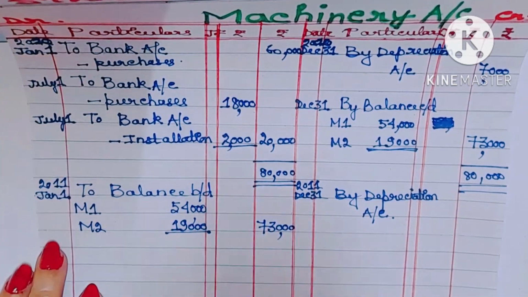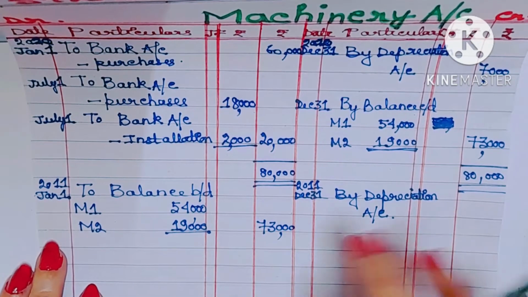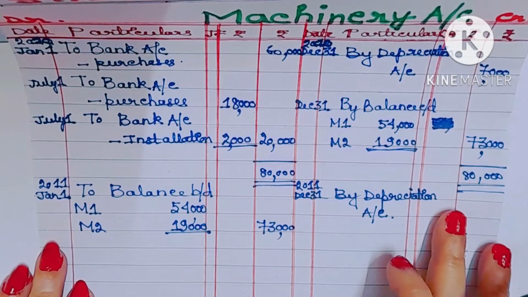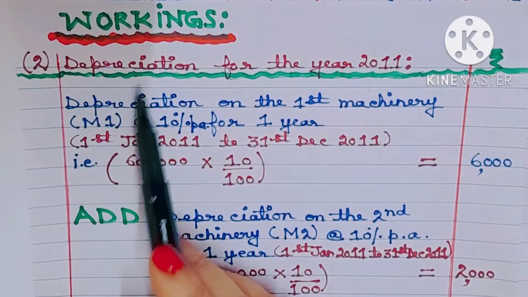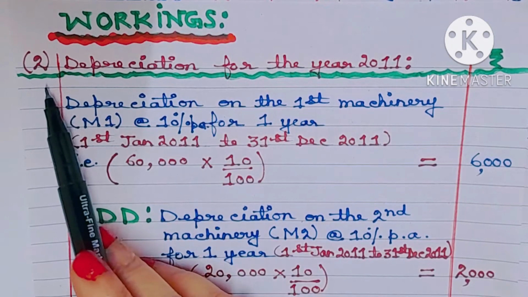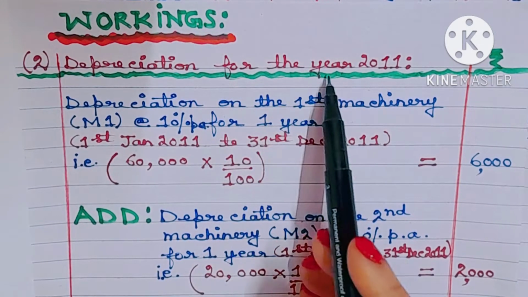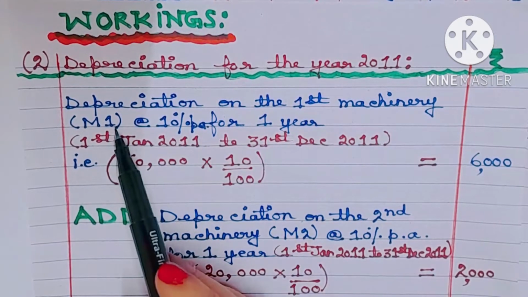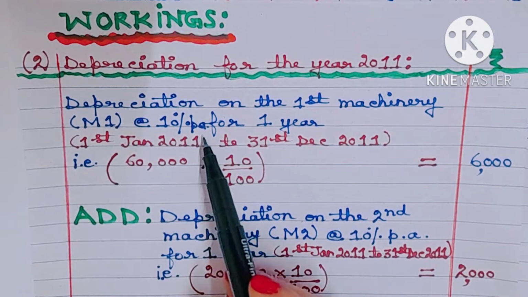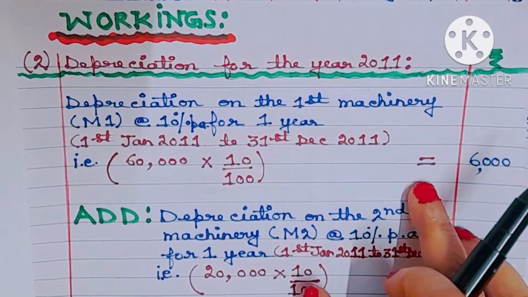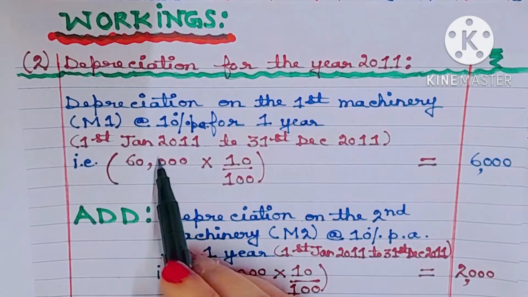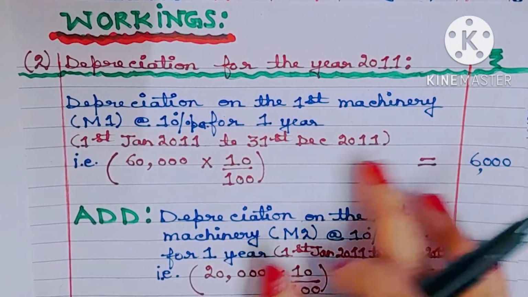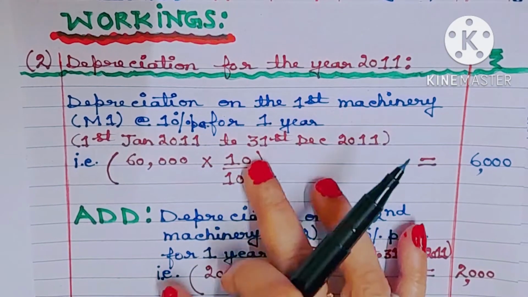So let's see the workings for depreciation for the year 2011 for two machineries. See workings. Number 2. Depreciation for the year 2011. Depreciation on the first machinery M1 at the rate of 10% per annum for 1 year. That is 1st January 2011 to 31st December 2011. That is 60,000 into 10 by 100 for 1 year.